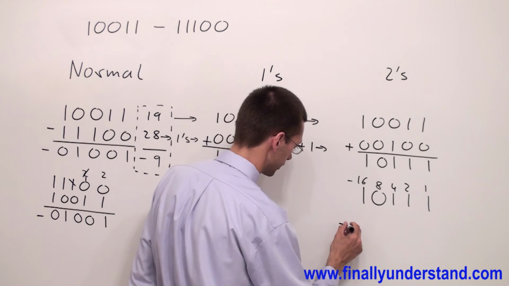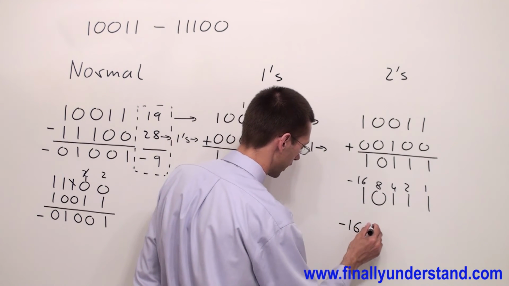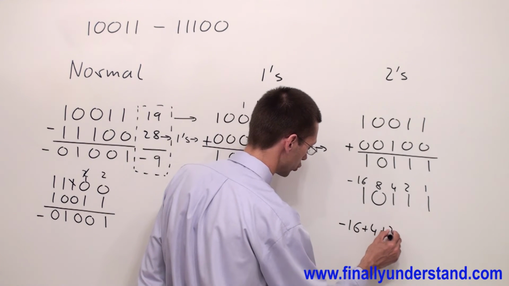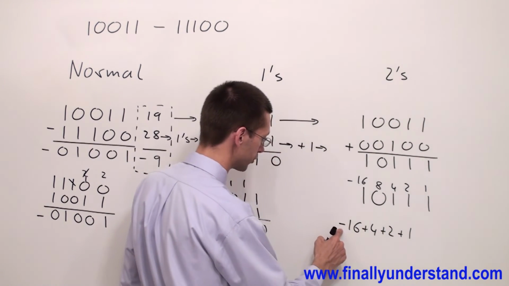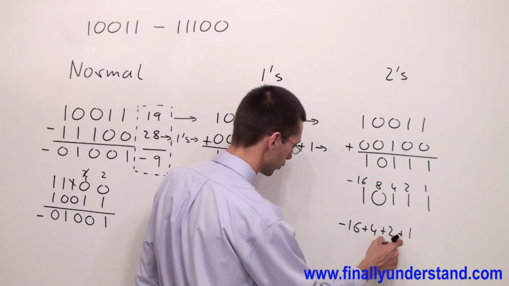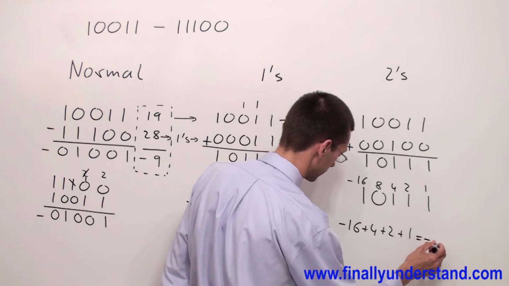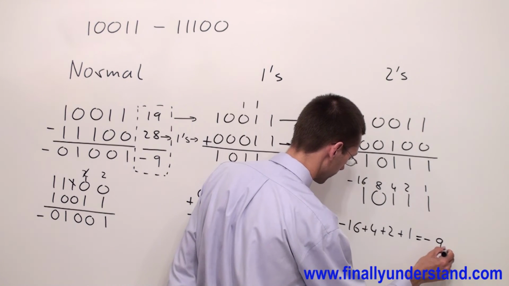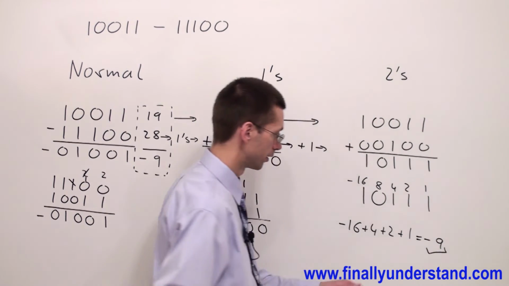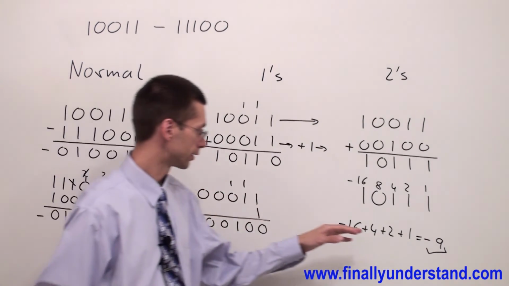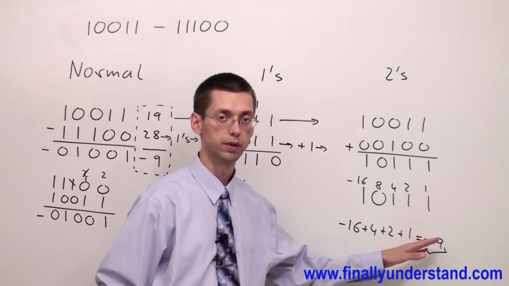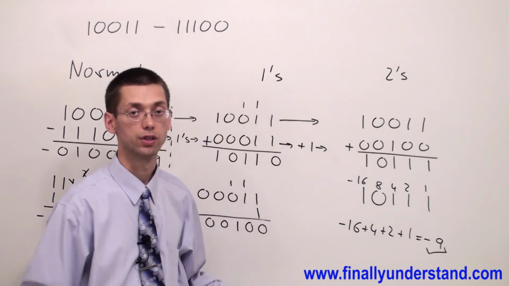So I have negative 16 plus 4 plus 2 plus 1, which is equal to negative 9. We got negative 9 at the beginning, and we got negative 9 at the end, which means our answers are correct.